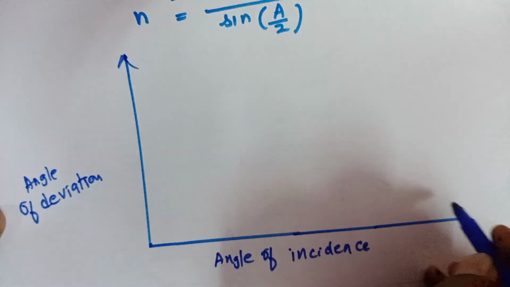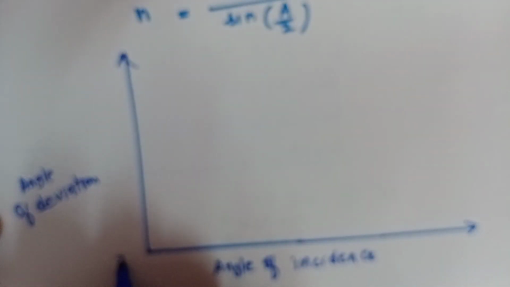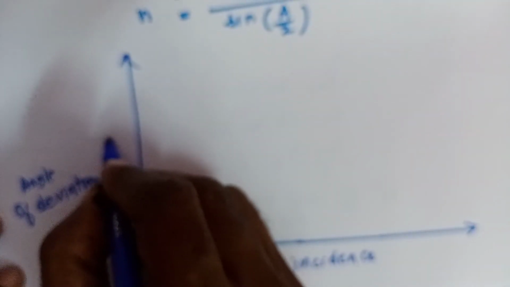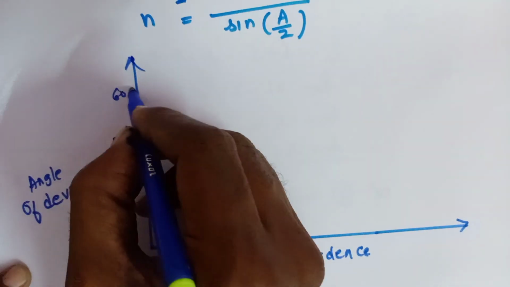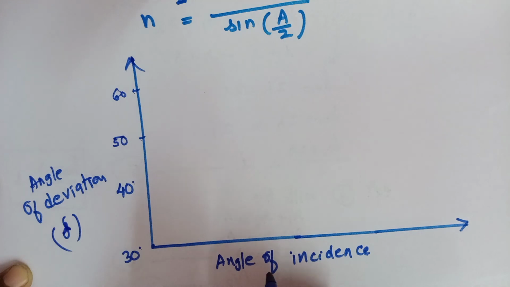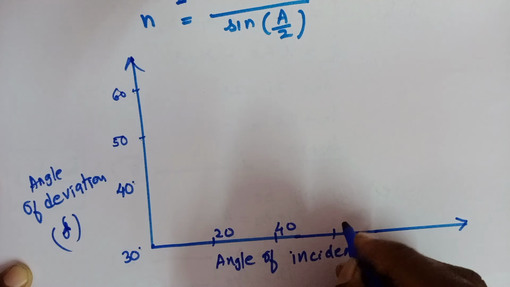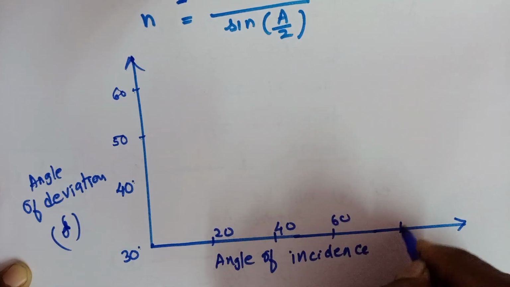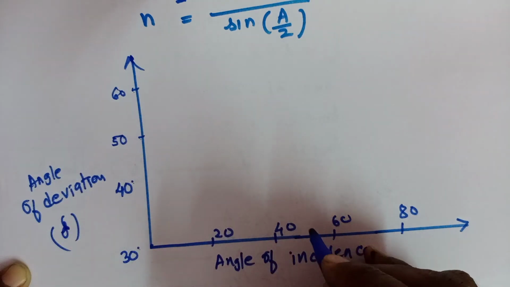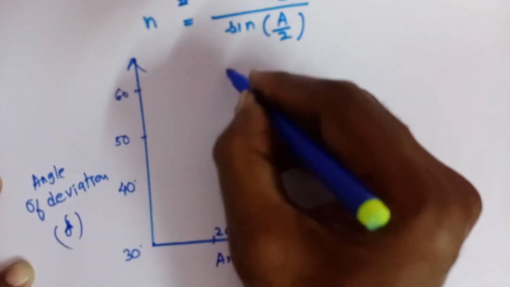Suppose the angles are 30 degree, 40 degree, 50 degree and 60 degree for I, and 20 degree, 40 degree, 60 degree and 80 degree for delta. So the graph will be like this.